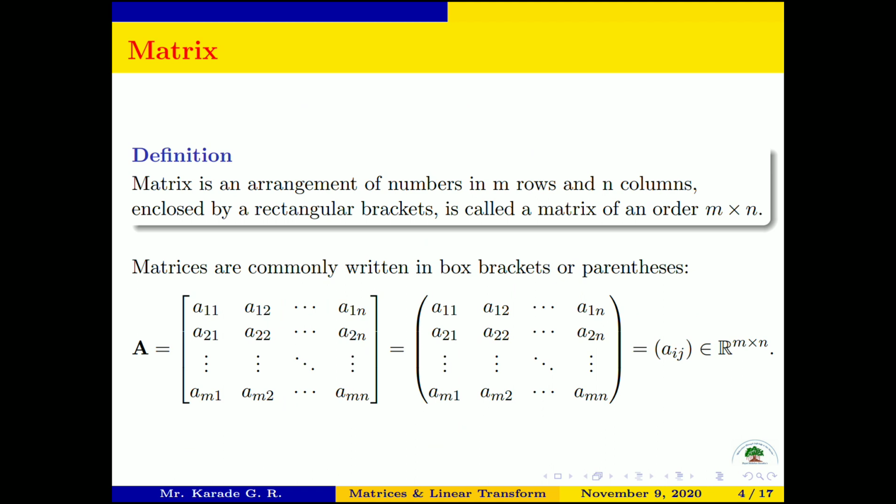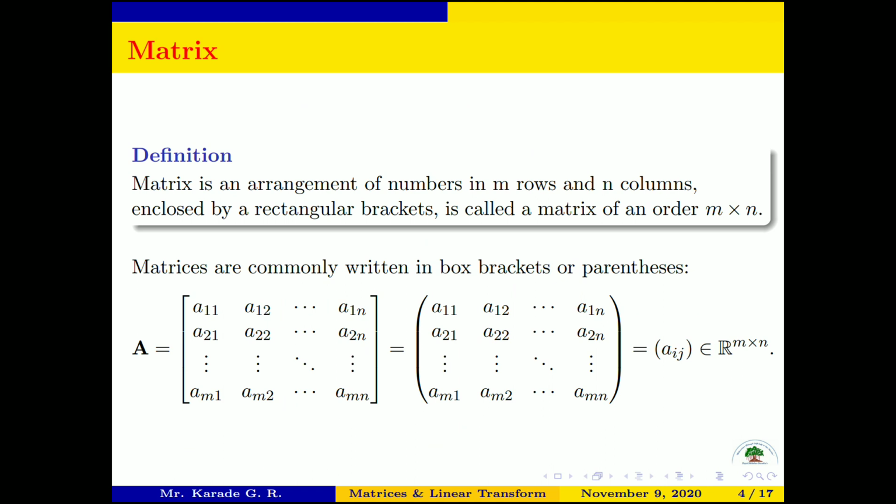See here, A is a matrix. So matrices are denoted by capital letters A, B, C, D and their elements denoted by the small letters with suffixes a1, a2 like this. So here a general matrix of order m cross n or m by n is given. The first matrix is in rectangular brackets.